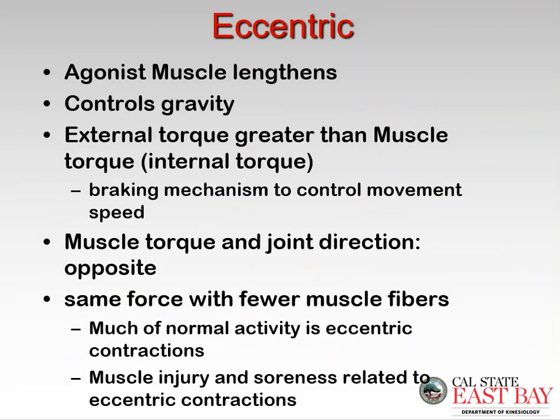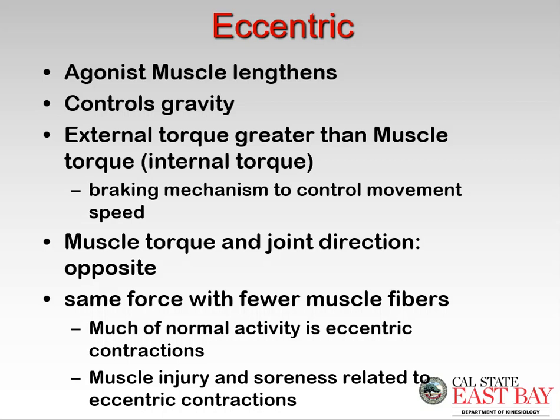Finally, we have an eccentric contraction. In this case, the agonist muscle lengthens, and it is also defined as controlling gravity, a negative, if you will. The external torque is greater than the muscle or internal torque. It's typically a braking mechanism to control movement speed, so it usually happens during the follow-through.